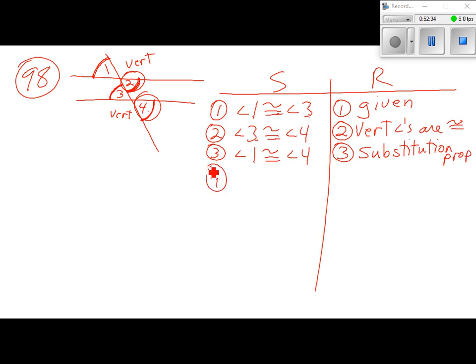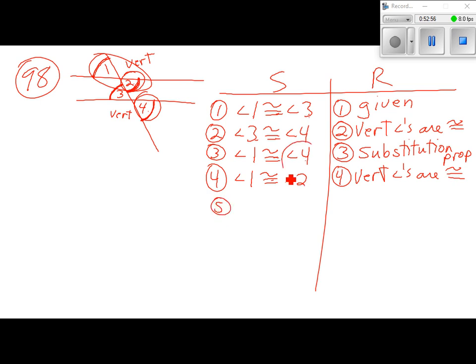Now, once I had that, I also knew that angle 1 was congruent to angle 2. If I look back up here, those were vertical angles. So I just have vertical angles are congruent. Now I know 1 is congruent to 4, 1's congruent to 2.